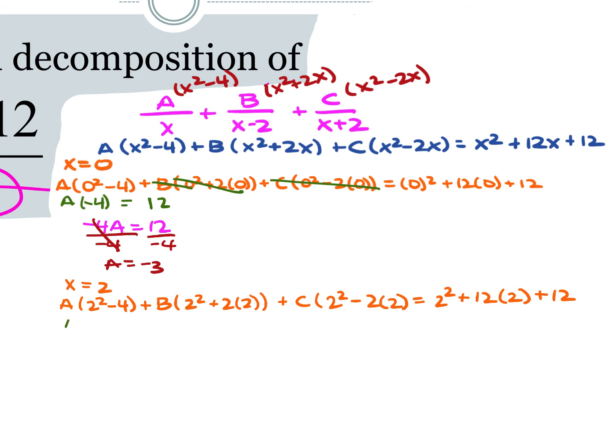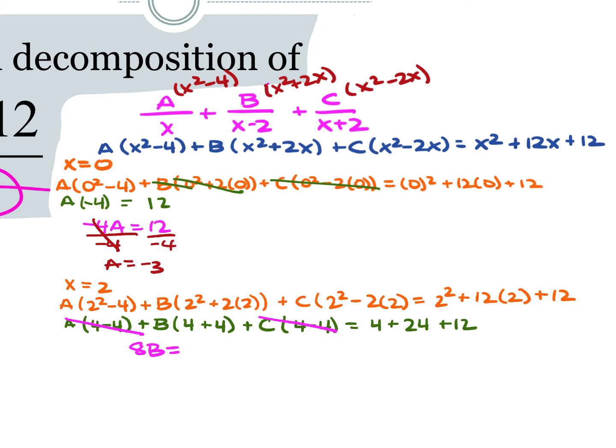So from here, we're going to have a times 4 minus 4 plus b times 4 plus 4 plus c times 4 minus 4 is equal to 4 plus 24 plus 12. 4 minus 4 is 0, cancels out the a, cancels out the c. So it's going to be 8b is equal to 4 plus 24 plus 12, which is 40. Divide each side by the 8, and we get that b is 5.